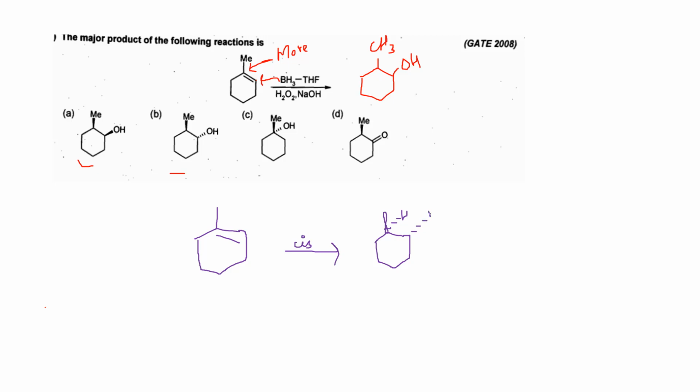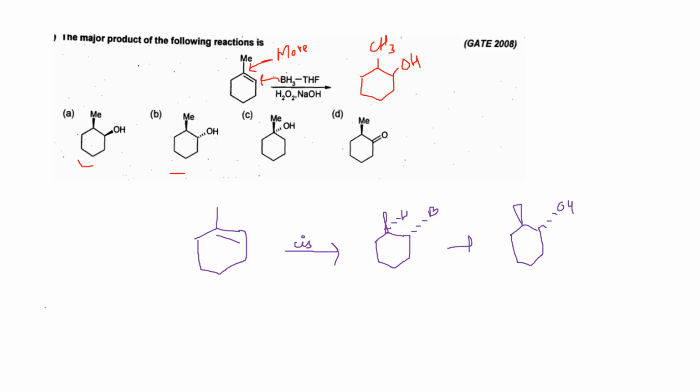Because boron and H are coming from the same plane, boron will also be below the plane. Now this boron will be substituted by an OH through oxidation. So then OH will be below the plane and this methyl will be above the plane.